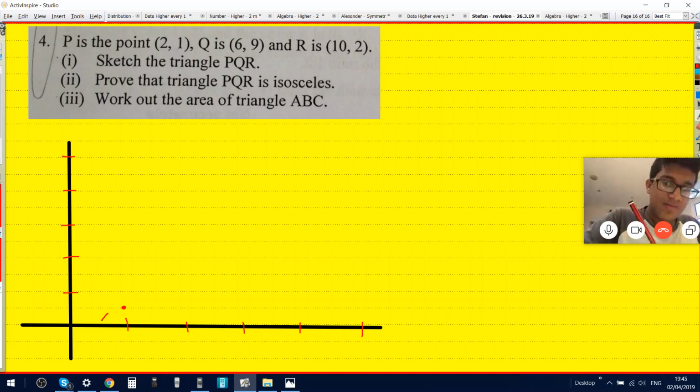So 2 comma 1, and I used a ruler to get points like that, and then the next one Q, 6, 9.